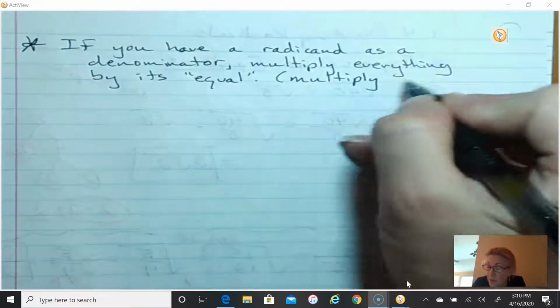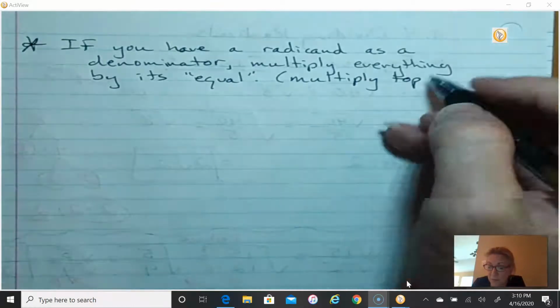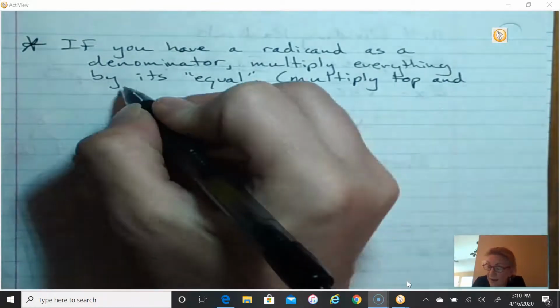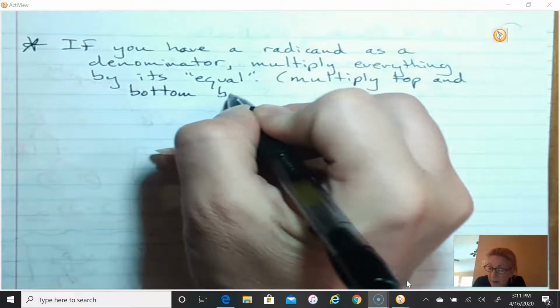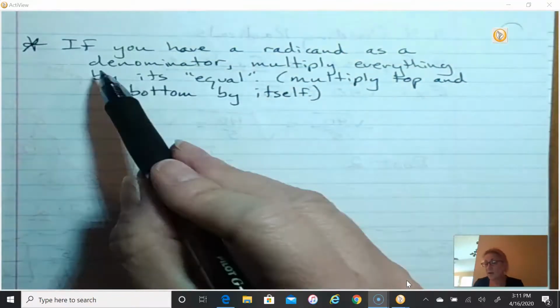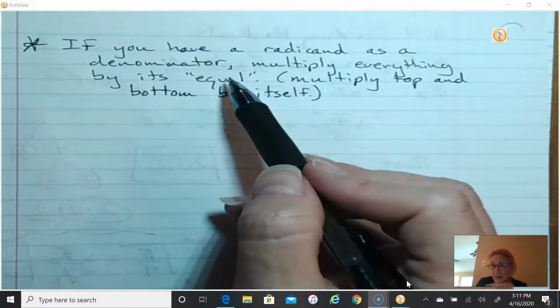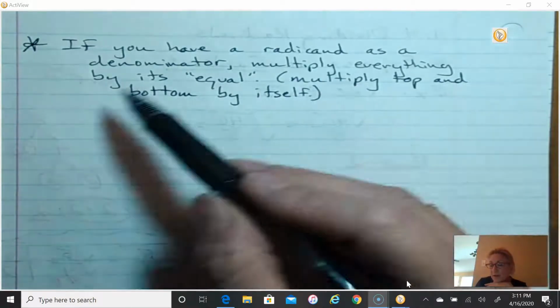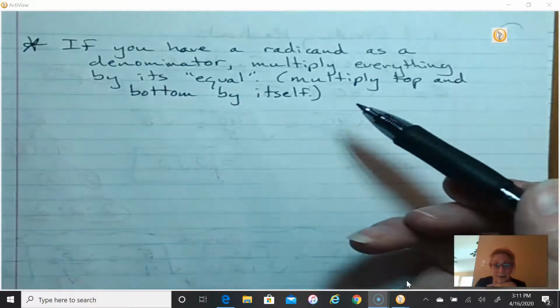In other words, this is Mrs. Rogers' explanation: multiply top and bottom by itself. So if you have a radicand as a denominator, multiply top and bottom by itself.